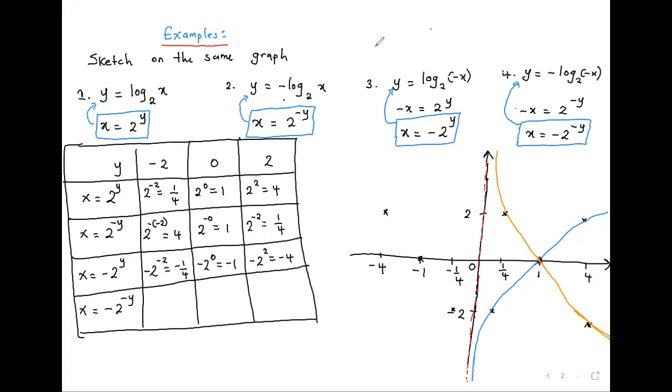So this is going to be of this nature, leaning on the same asymptote.